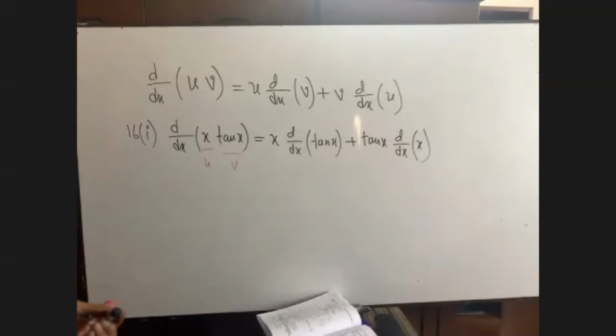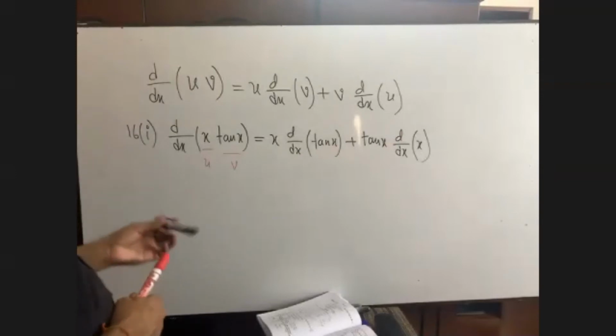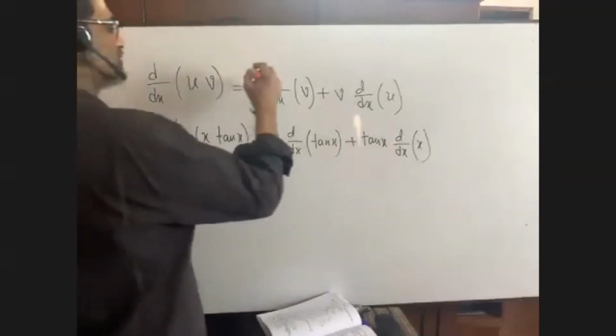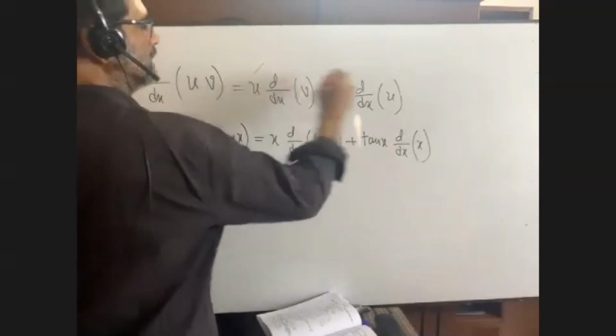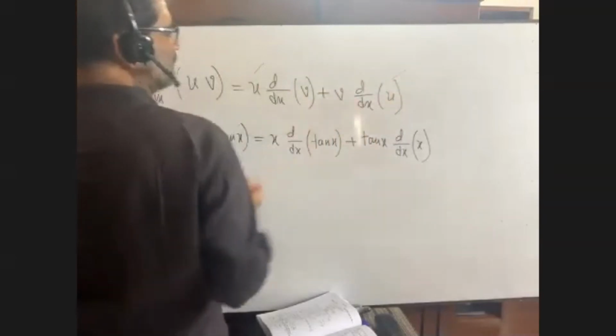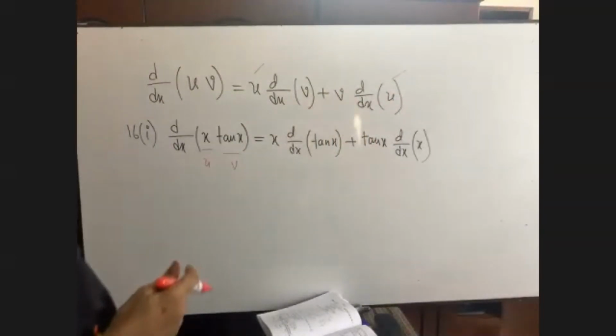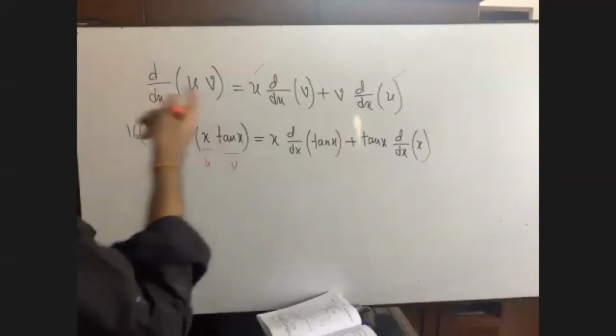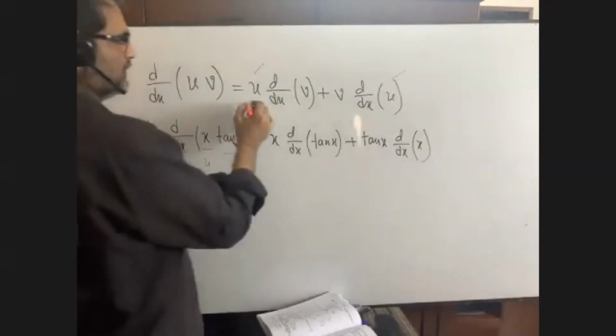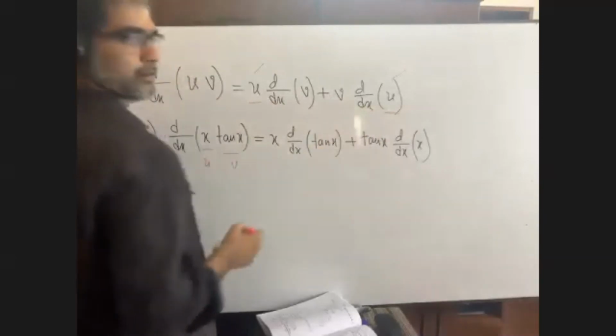In calculus, there is a very interesting thing. It starts with u, and always ends with u. Have you got it? Yes. You will get too many formulas like this. Starting and ending will be the same.